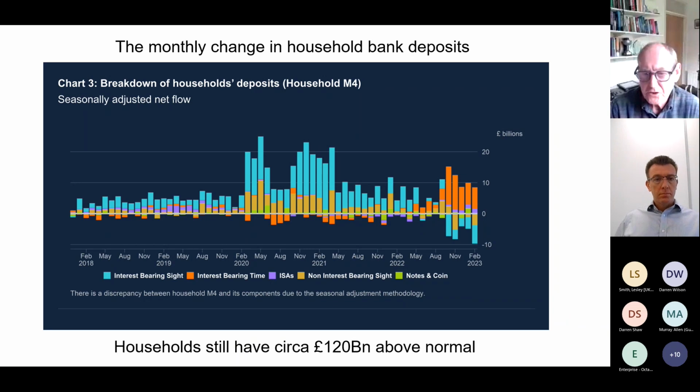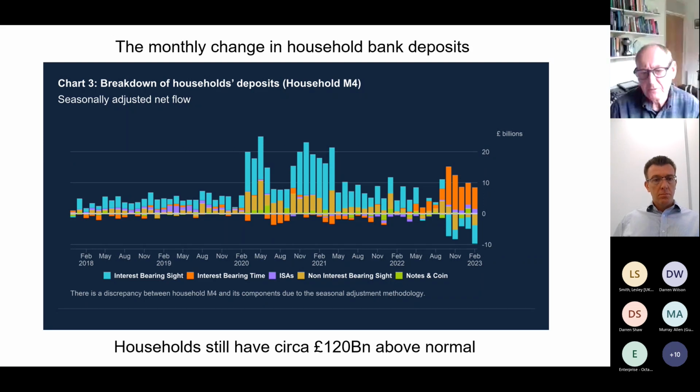That chart shows you household bank accounts. And pre-COVID, the average household, if you take across the country, households in general, got about 6 billion a month extra every month. That's the average.